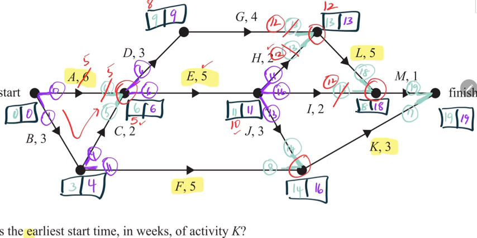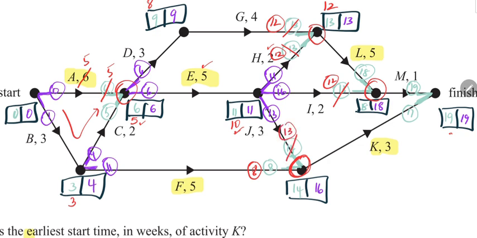Let's go along F, because there's a choice that has to be made here as well, which will impact the final choice here. So this is still 3. 3 plus 5 is 8, similar to the previous 8. And if we come down along J, 10 plus 3 is 13.